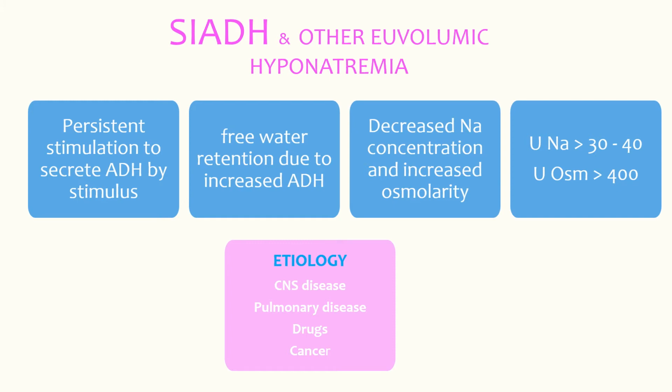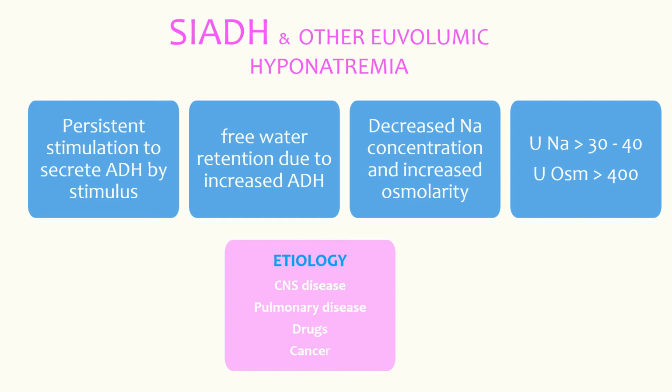You know, the true hyponatremia is hypoosmolar, and if it is hypoosmolar, then ADH secretion should decrease and try to bring it back to a normal osmolarity. But here the ADH secretion persists, thereby the hyponatremia persists, and that is why it is called inappropriate. And the stimuli for ADH secretion in excess comes from CNS disease, pulmonary disease, certain drugs and cancer.